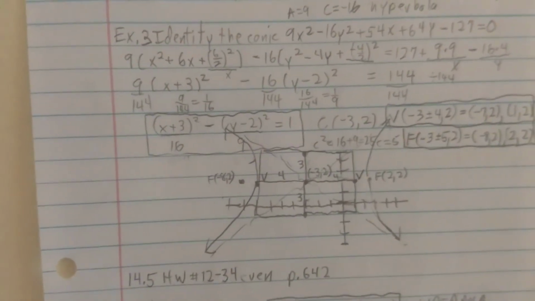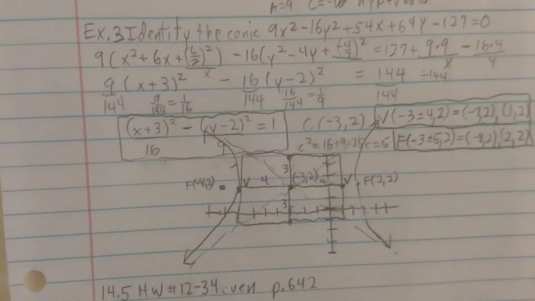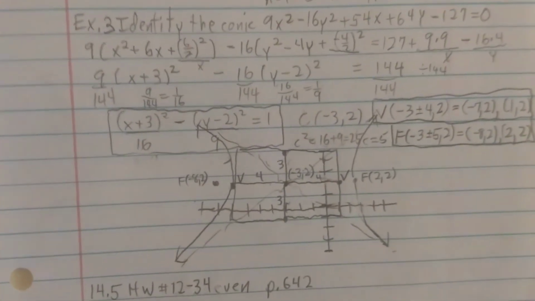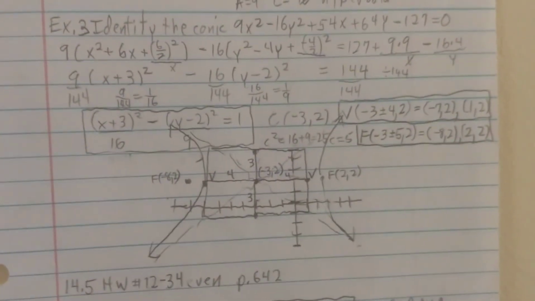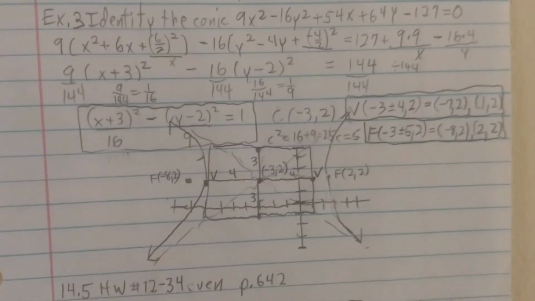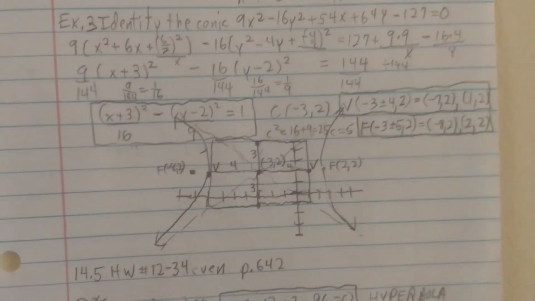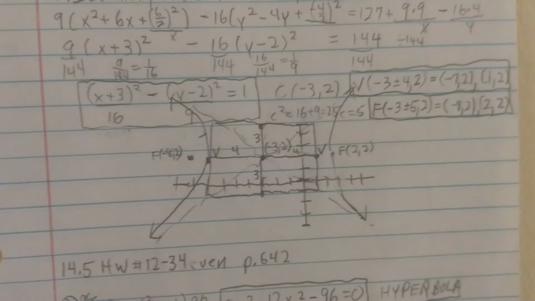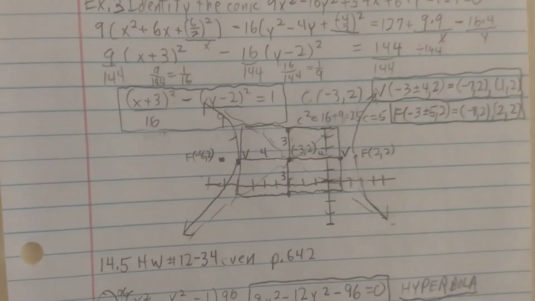Now to work with the y squared, we have minus 16y squared, so we've got to bring that out in front of the parentheses. Then we've got y squared minus 4y, because minus 16 times minus 4y is plus 64y. And then to complete the square in the parentheses, we have minus 4 over 2 squared, which is 4.